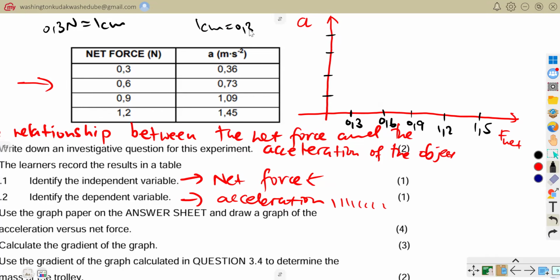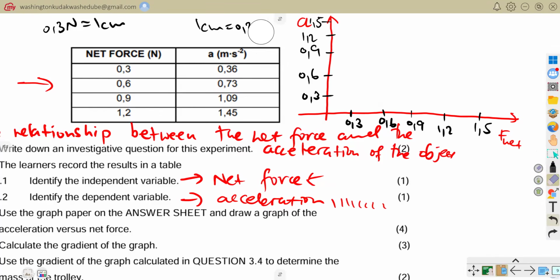So also on this side, I'll say 0.3 meters per square second, 0.6, 0.9, 1.2, and then later go to 1.5. So that would have been my scale.